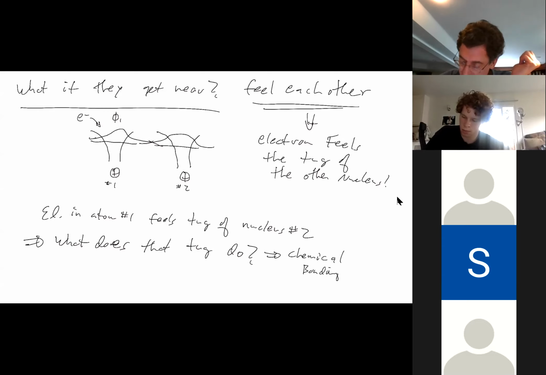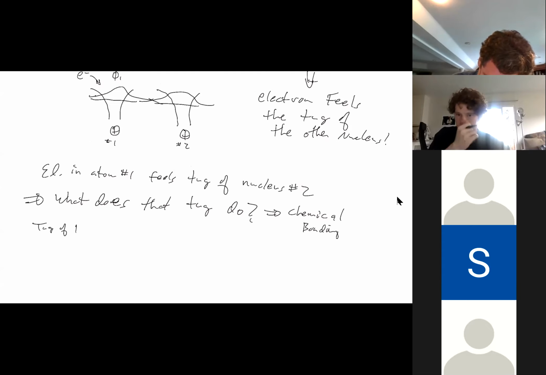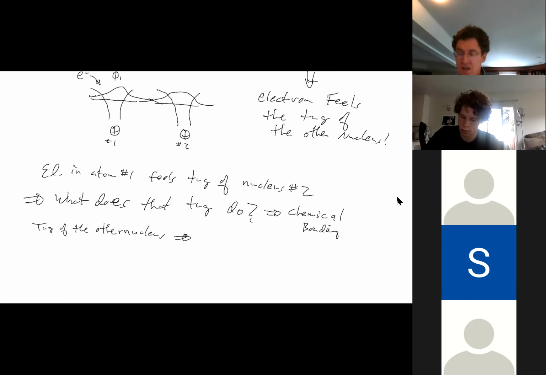How can we see that from a degenerate perturbation theory perspective? We take the tug of the other nucleus and give it a name. We call it H prime, a perturbation. The tug of the other nucleus is perturbing the state.